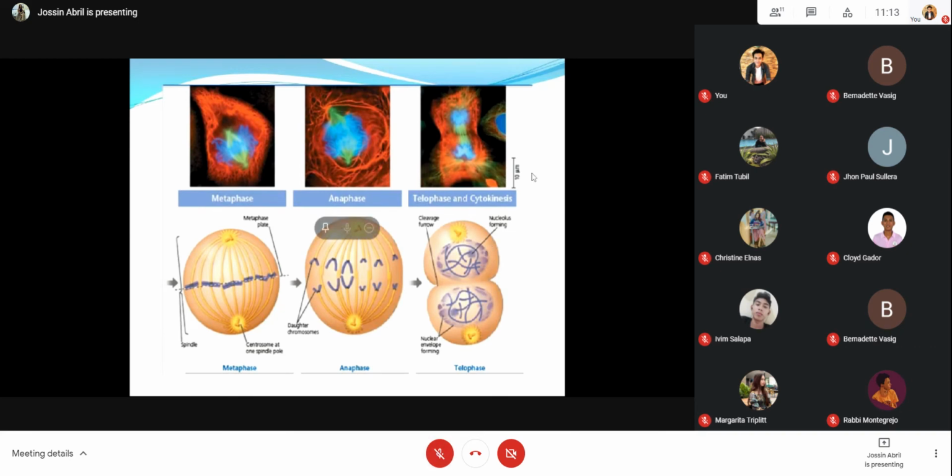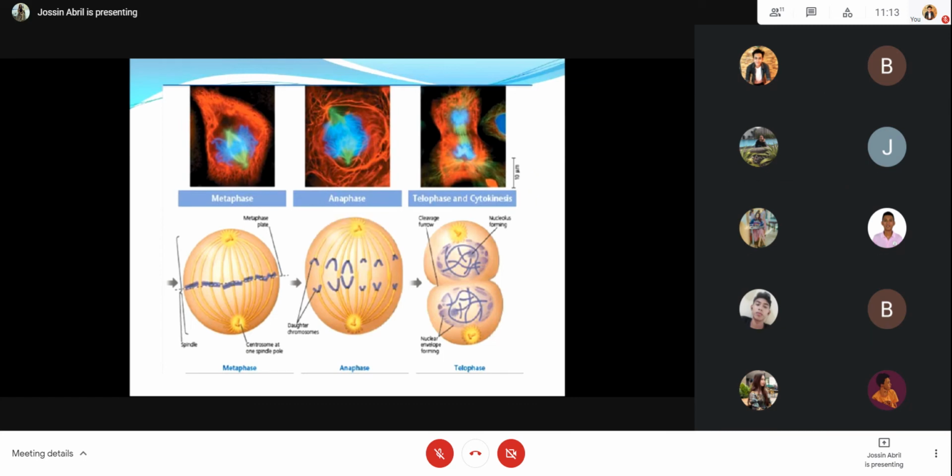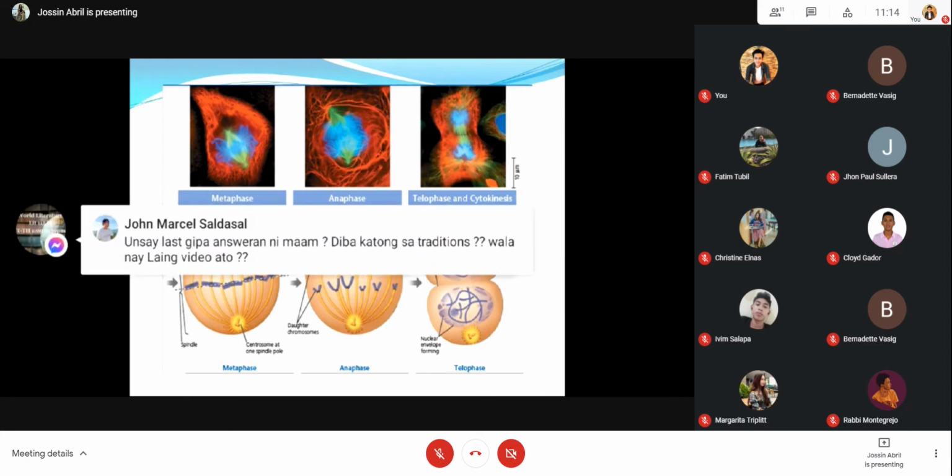The nucleoli also reappear. Then the chromosomes become less condensed. Any remaining spindle microtubules are depolymerized. Then mitosis, the division of one nucleus into two genetically identical nuclei, is now complete.